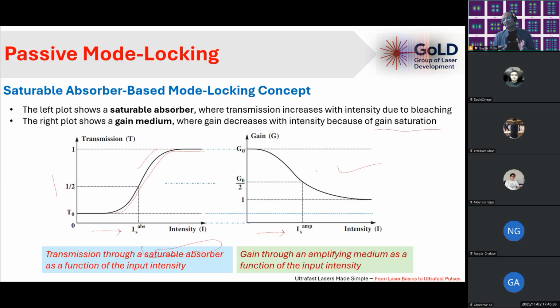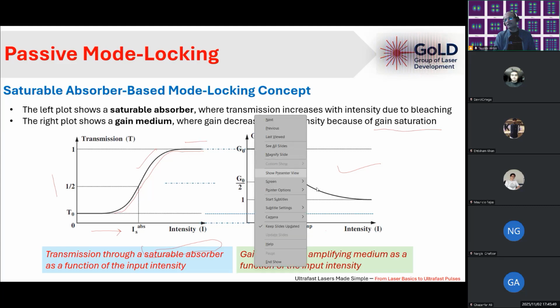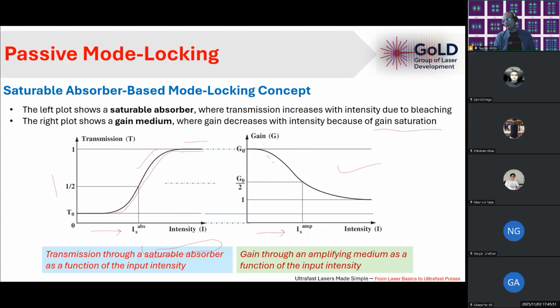So this is how both things in the cavity work. When the transmission reaches the peak, gain is at peak at that time, and the lasing action starts. Along with this, the gain starts to reduce because of the gain cycle, because the next pulse will come and the same process will be repeated.